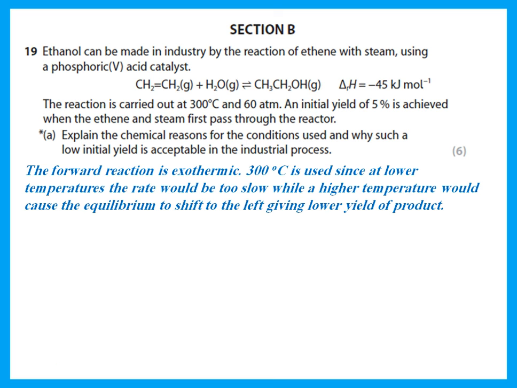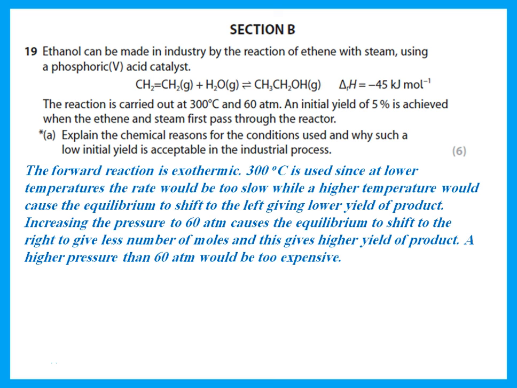It's not too high, but at the same time, I cannot go too low because temperatures that are too low will cause the rate to be too slow. So the choice of the temperature is it should be not too high so that it does not favor the backward reaction, and not too low so that the rate is very slow.